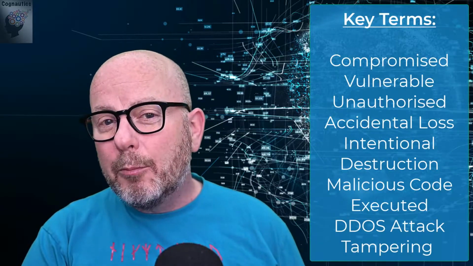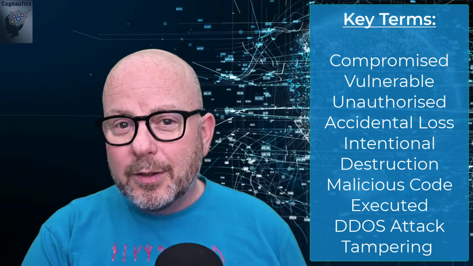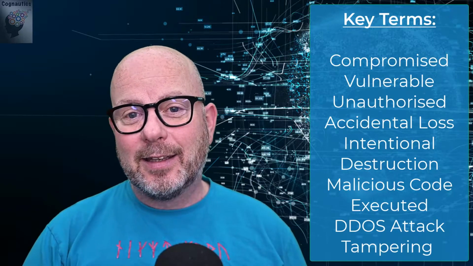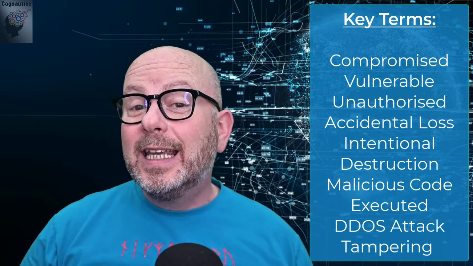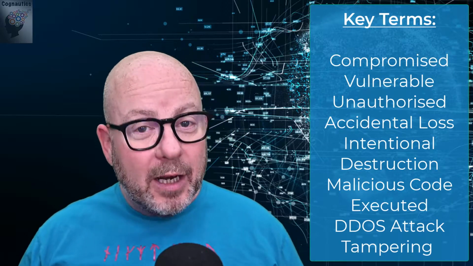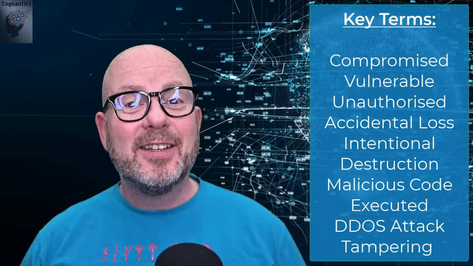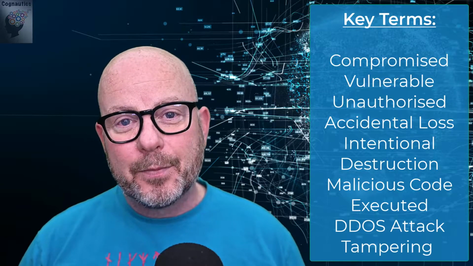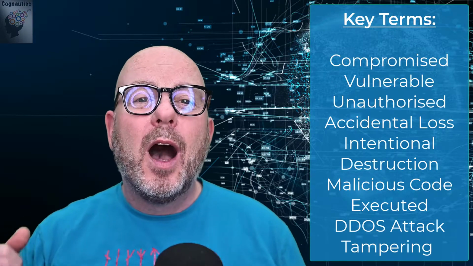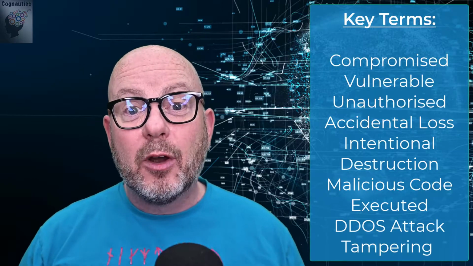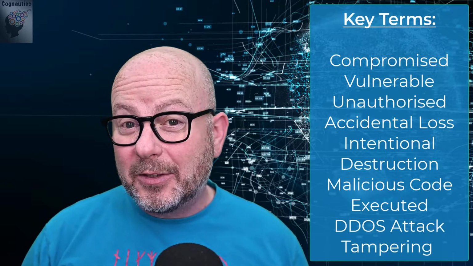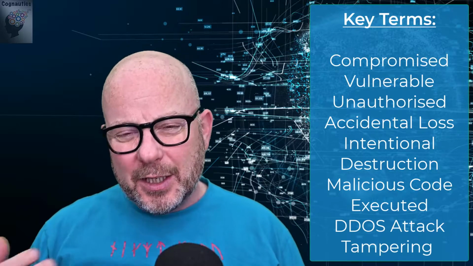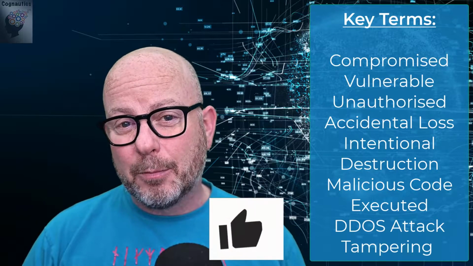First of all, we have compromised, vulnerable, unauthorized access, accidental loss, intentional destruction, malicious code, executed, DDoS attack, and tampering. So make sure that you understand these words and try some past papers trying to weave those technical terms into your answer, and it shows a deeper understanding of the topic.